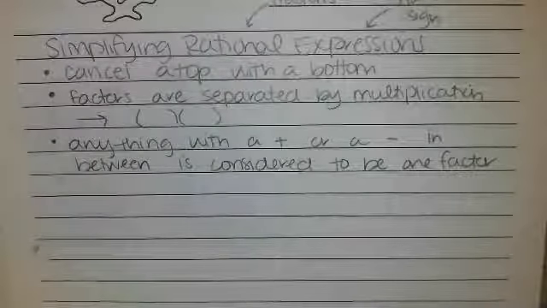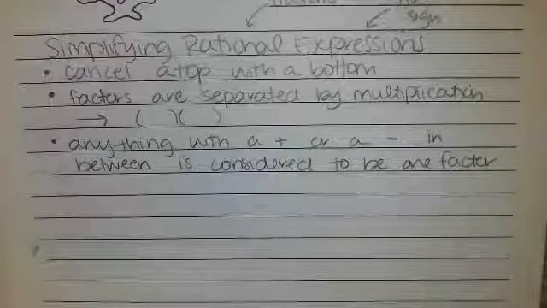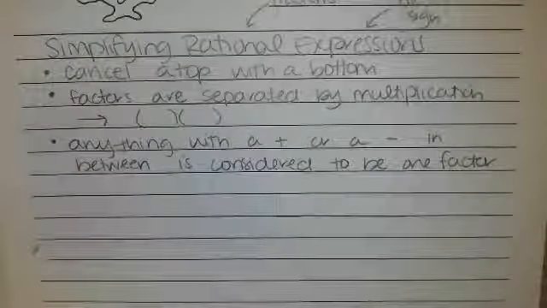And then one last thing: anything with a plus or a minus in between is considered to be one factor. I will point that out when we get to one that's like that. So for instance, x minus 5 is considered to be one factor, and x plus 7 is considered to be one factor.